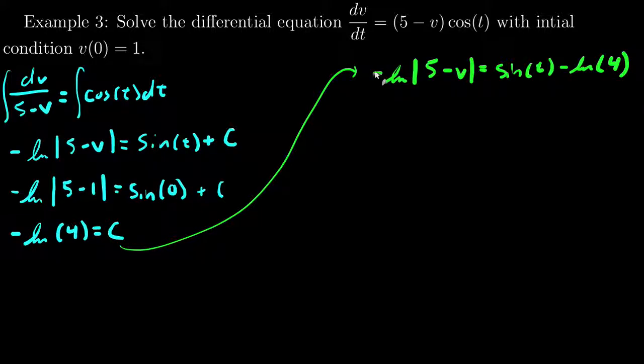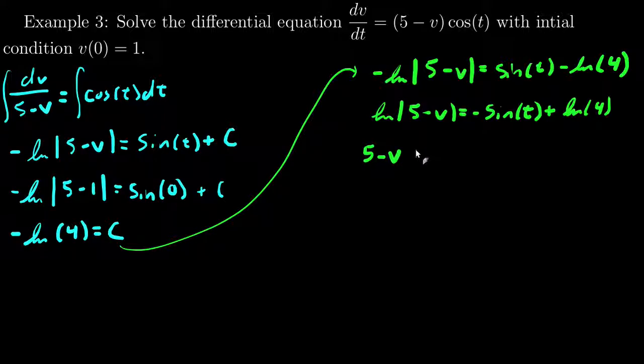I need to get rid of this negative sign, so I'll divide everything by negative 1, and I'll get the natural log of the absolute value of 5 minus v equals negative sine of t plus the natural log of 4. To get rid of the natural log, I'll use it as a power of e, so I'll have 5 minus v equals e to the negative sine of t plus the natural log of 4.